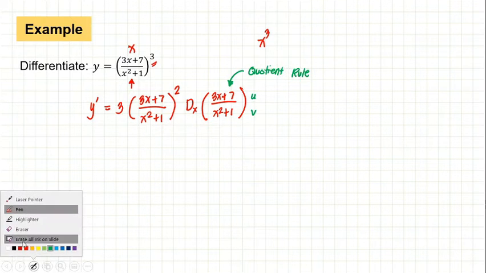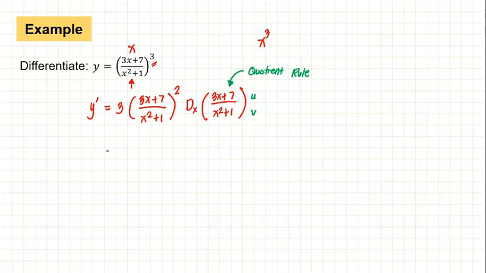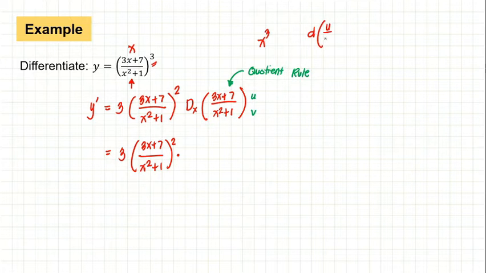So from that, we will now have y prime equal to 3 times, we copy this one, 3x plus 7 all over x squared plus 1, the power of 2, times. We do the quotient rule. So quotient rule is d of u over v. That is just v du minus u dv all over v squared, right?